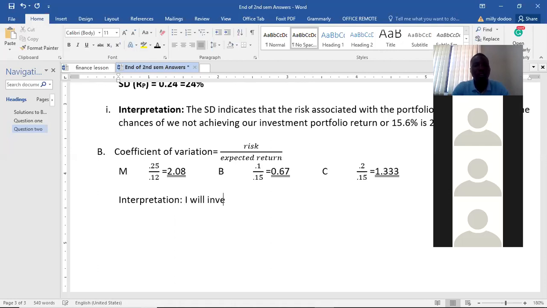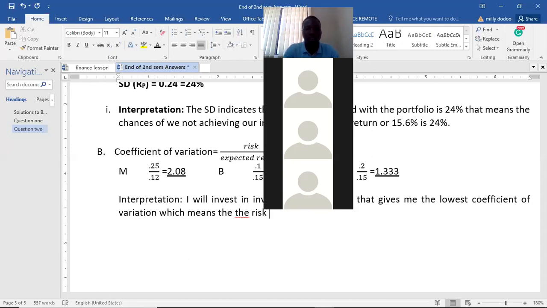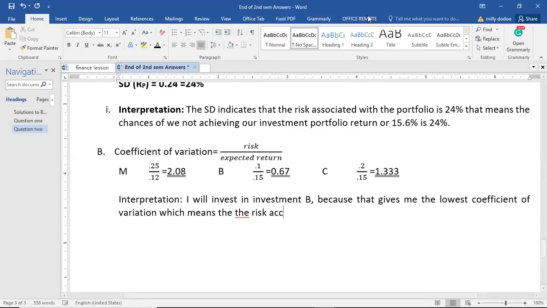So, interpretation. I will invest in investment B because that gives me the lowest coefficient of variation, which means that the risk associated with the investment is low.